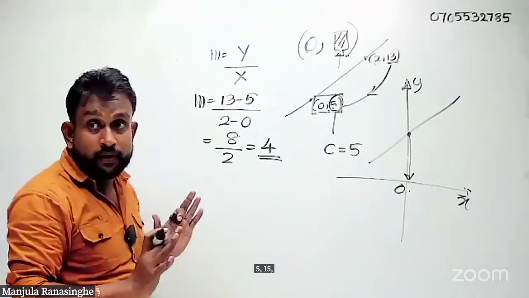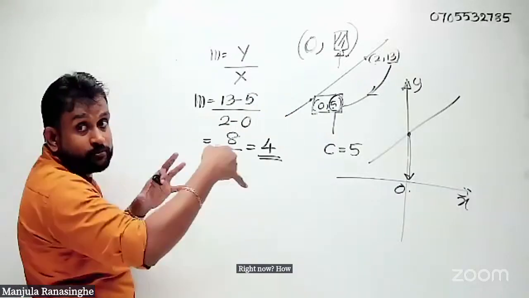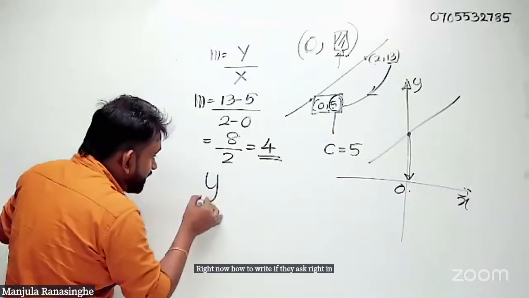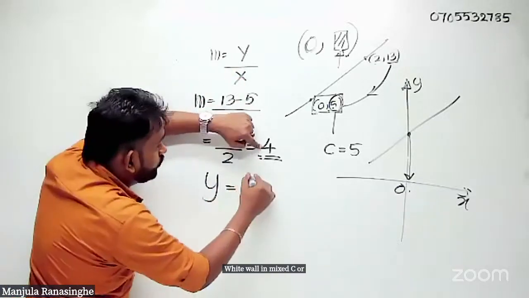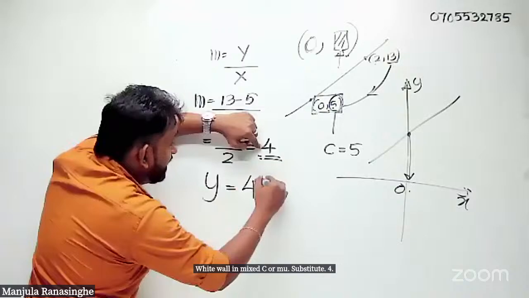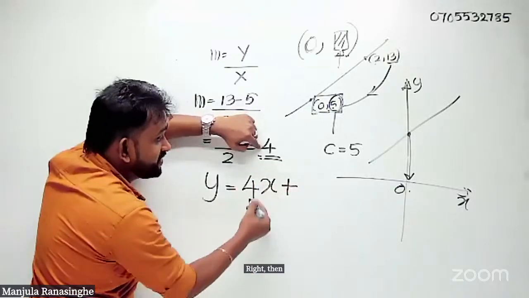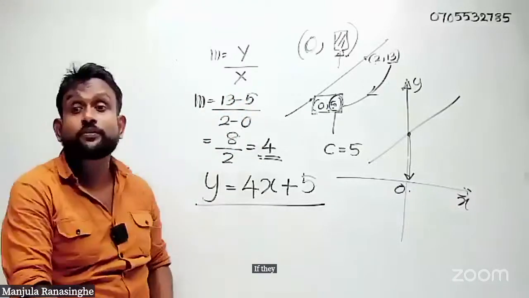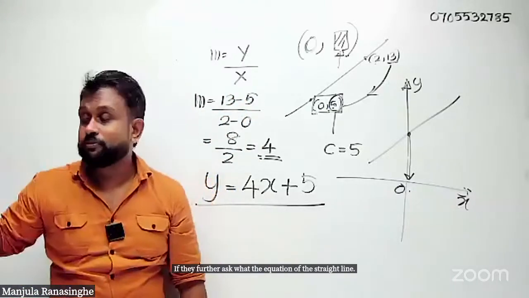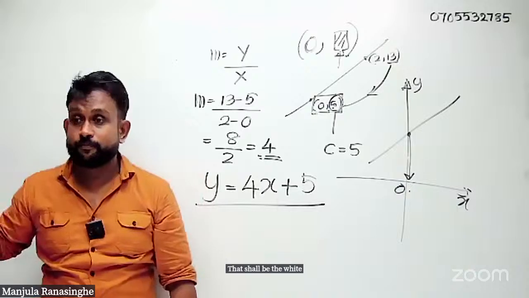Right now, how to write the equation? If they ask to write the equation y equals mx plus c, for m you substitute 4, then x plus c, where the intercept c is 5. So the equation of this straight line is y equals 4x plus 5.